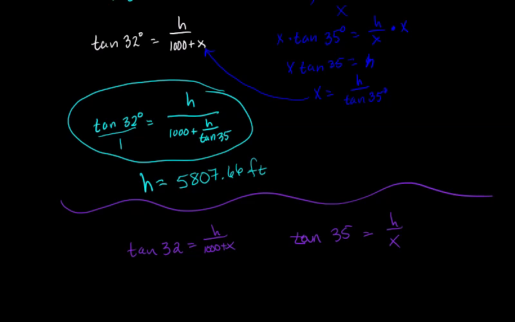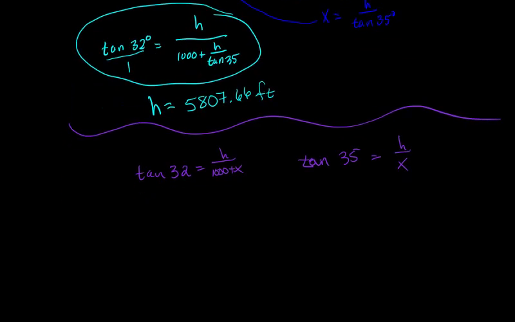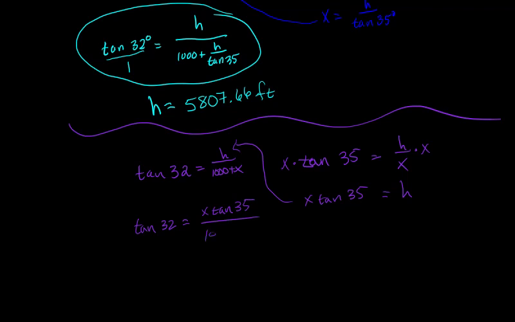So if I'm solving this without a calculator, I'm actually solving for h. So I'm going to multiply by x, and that's what h would equal, x times tangent of 35, and then that's what I'll substitute in up here. Tangent of 32 equals x times tangent of 35 over 1,000 plus x.